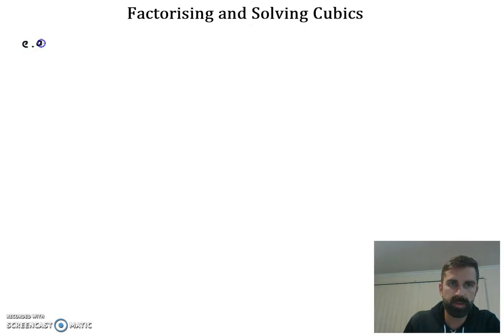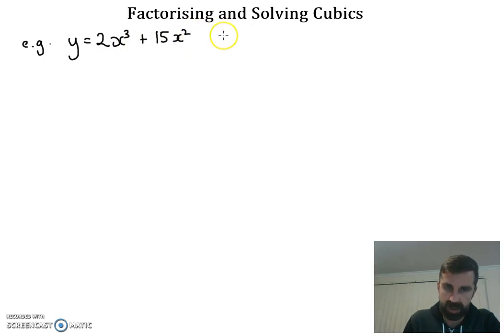So in this example, we have a function y equals 2x cubed plus 15x squared plus 22x take 15.